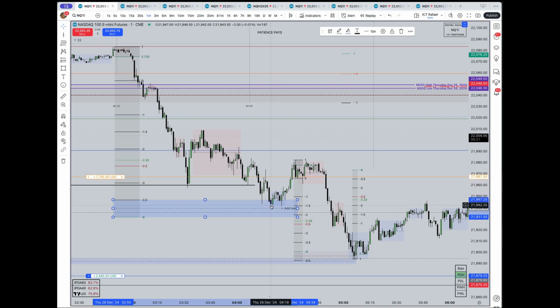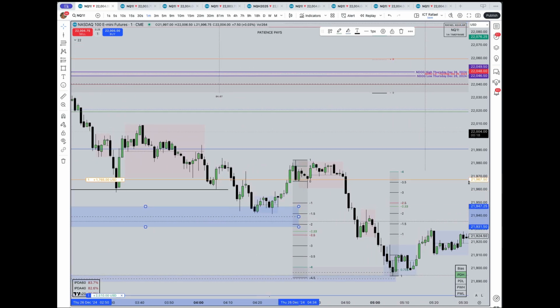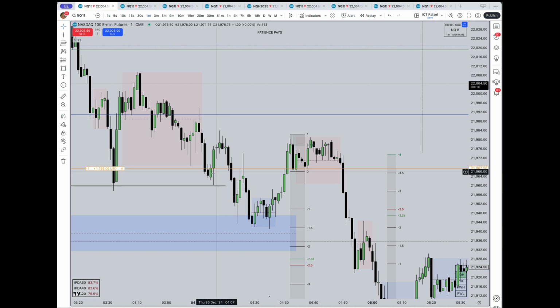When he starts consolidating like this, look, we have lower low, lower low, lower low, lower low. When price can make more lower lows, look, we make this low, 21,942, and I start to see higher highs, and in this case the fractal consolidation helped me.